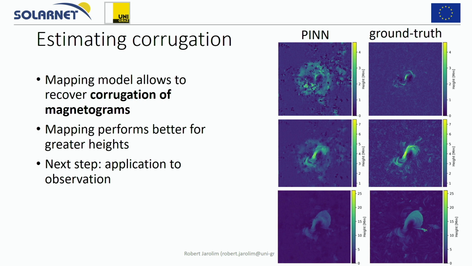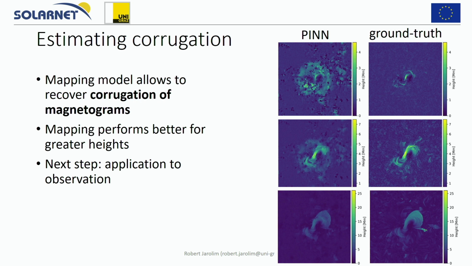What you can see here is the comparison of our PINN model, what this gives us as height estimate of the individual magnetograms, and on the right-hand side the comparison of the ground truth. We can see, especially for the larger heights, when we move more to chromospheric or coronal layers, that we are very close to the actual observation. So this gives us a way to examine where the observation is obtained from.